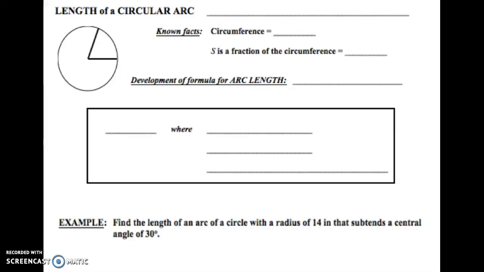In part 2, we're going to be discussing the length of a circular arc and the area of a sector. So the length of a circular arc is a part of the circumference of a circle.